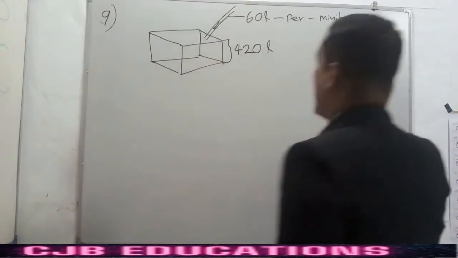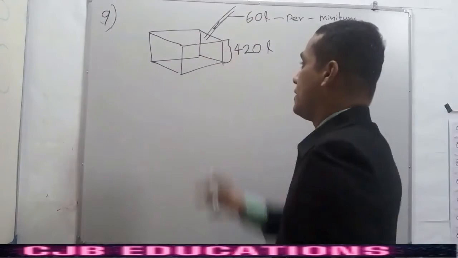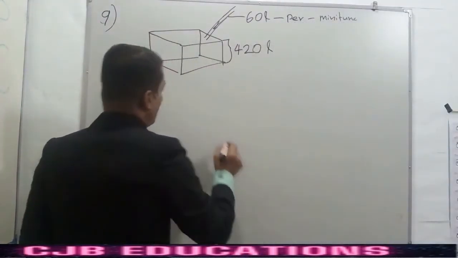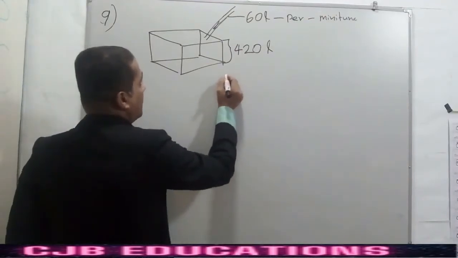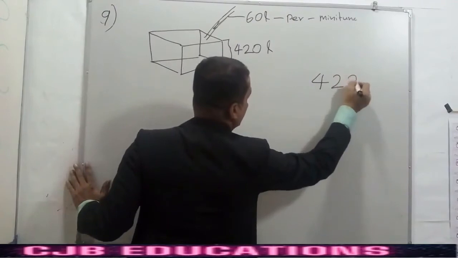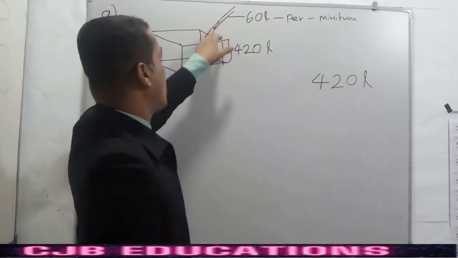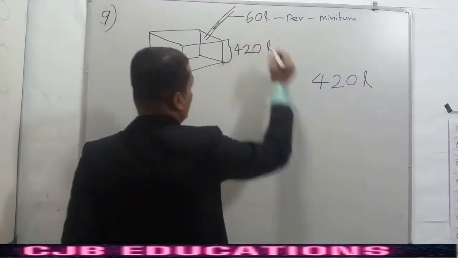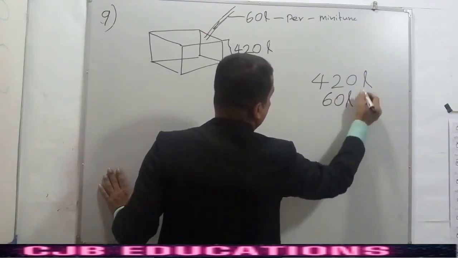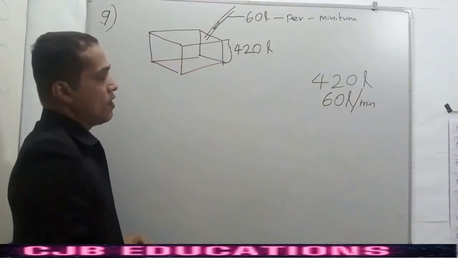Then how do we find the time to fill this tank? We can find it this way. The whole tank capacity is 420 liters. The water flow rate is 60 liters per minute.